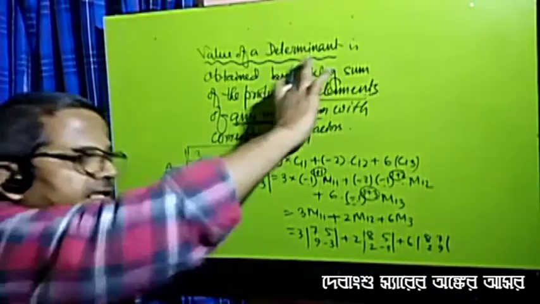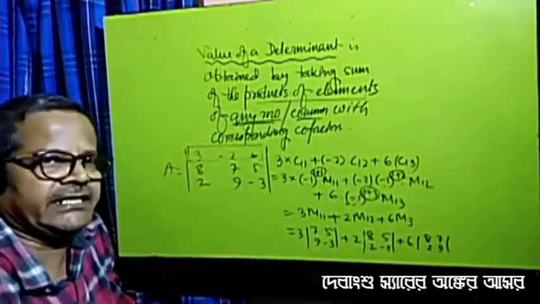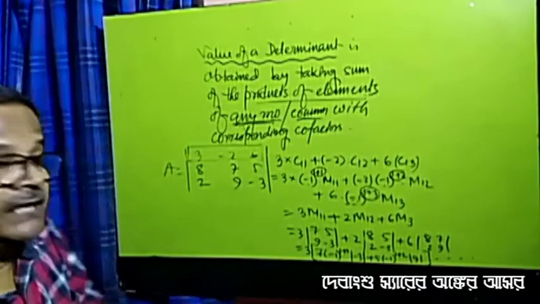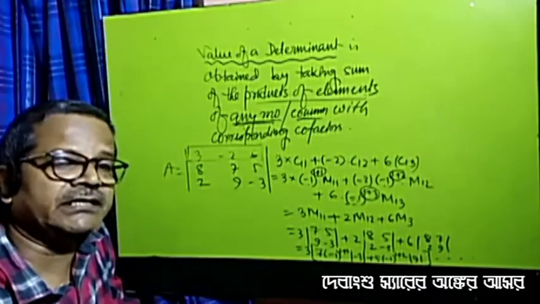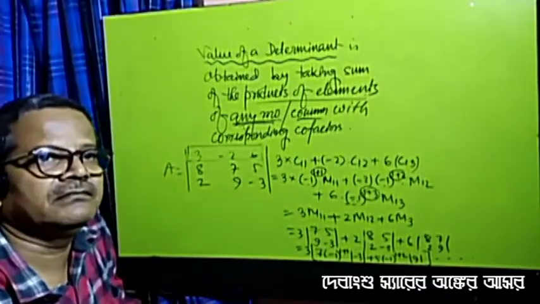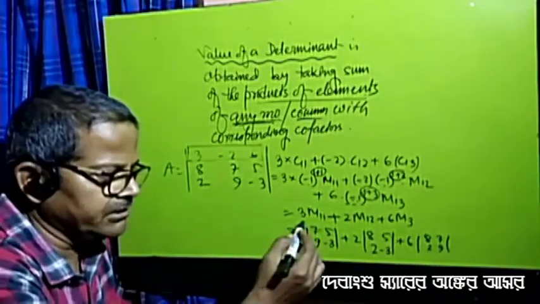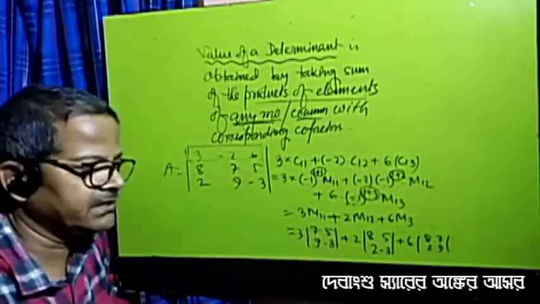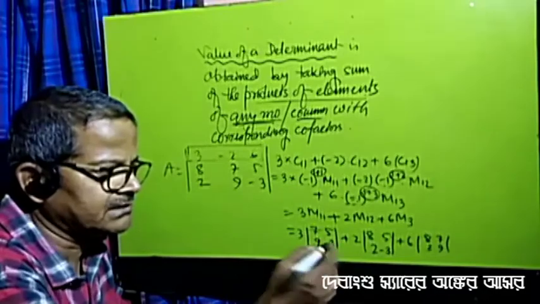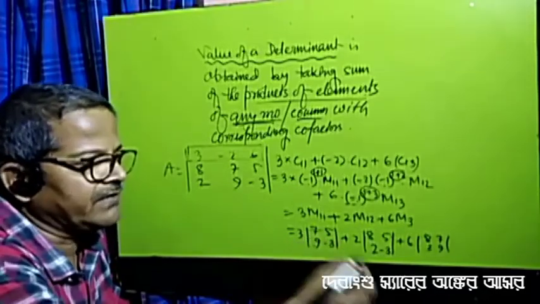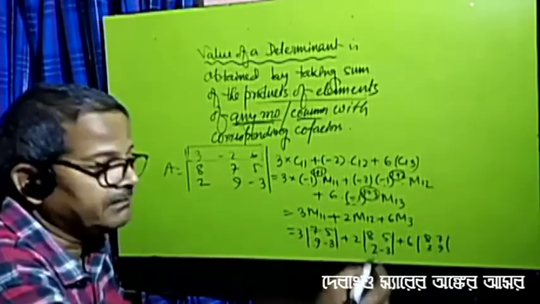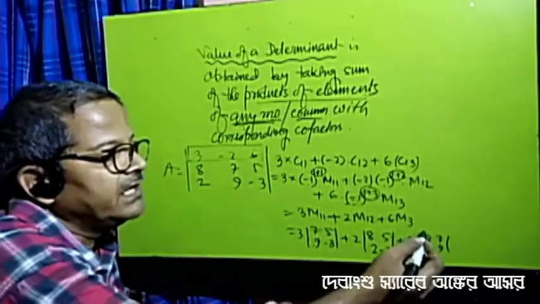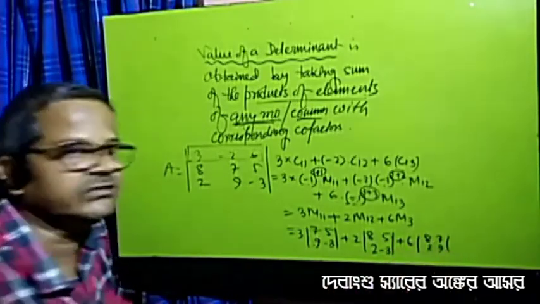Again, following the same definition, we can expand this second order. And the value of a first order determinant is the value of the element. So we'll remember that for second order determinant, the value will be 7 into minus 3 minus 9 into 5. 8 into minus 3 minus 2 into 5. 8 into 9 minus 2 into 7.